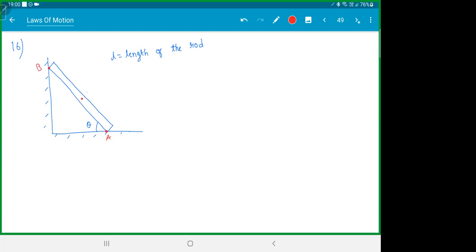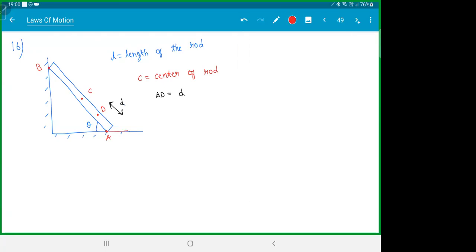There is a point C here, and there is a point D here. C is the center of the rod. D is some random point on the rod. Let this distance be small d. So D is some point on the rod. The distance from A to D is d.